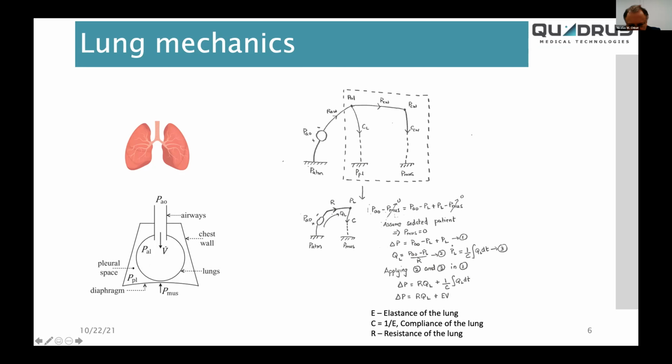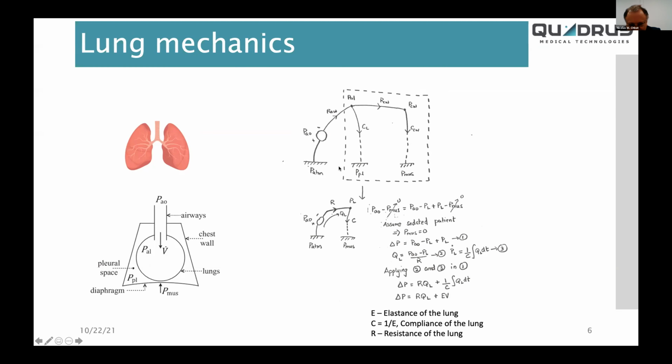Now, as Nick has taught me, we can use linear graphs to capture the dynamic equations of the lung.